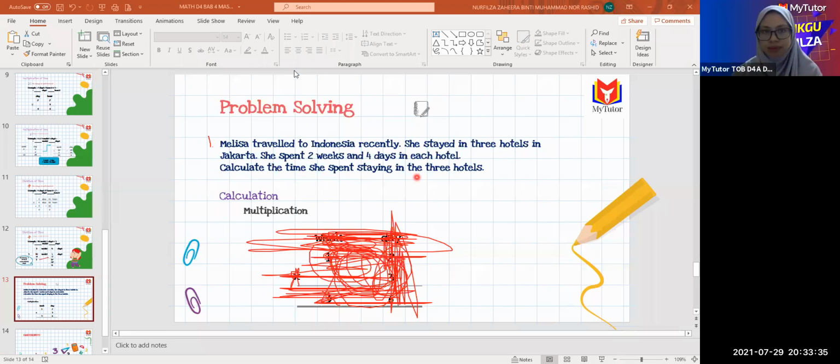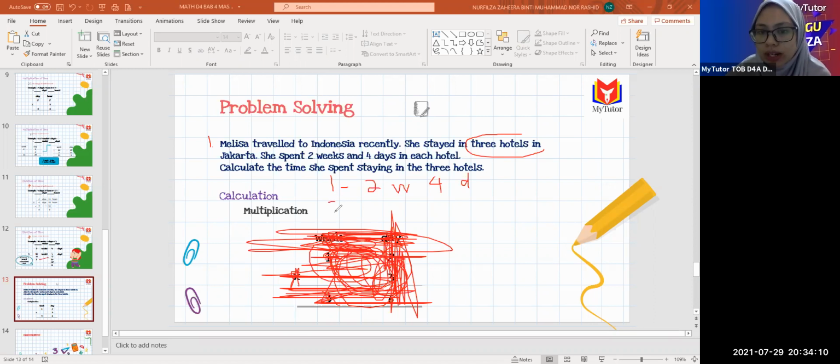All right. Okay. Let's see. So basically, if in one hotel you spend 2 weeks and 4 days, what about in 3 hotels? What you have to do is multiply with 3, because in one hotel Melissa spent about 2 weeks and 4 days.